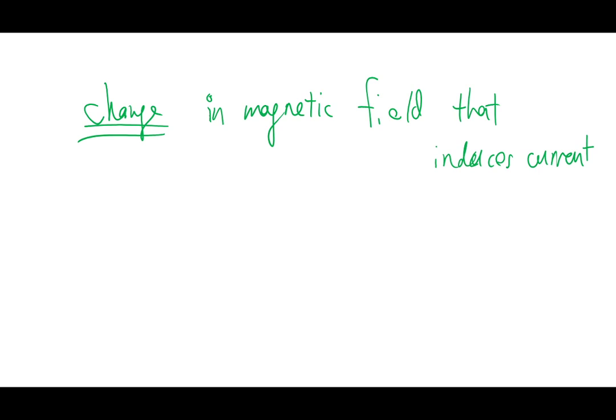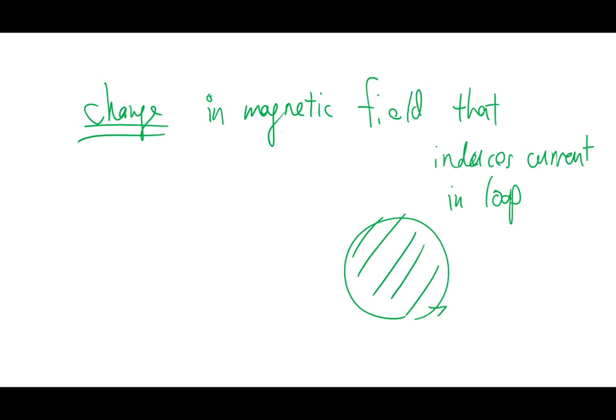and we're going to extend this idea of the magnetic field, because when you talk about current, you have a current in a loop, right? So we have an area involved. So we're not talking just about the magnetic field, but in fact we're talking about the magnetic flux, which is just like the electric flux, which is an integral of B dot dA.